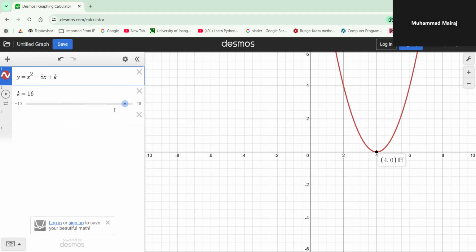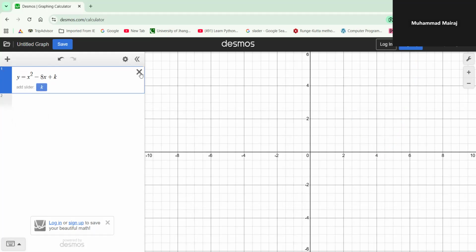And that occurs for k equal to 16. So for k equal to 16, the equation x squared minus 8x plus k has a single solution. What is the takeaway from this? When a quadratic equation has exactly one real solution, think that the graph touches the x-axis once.